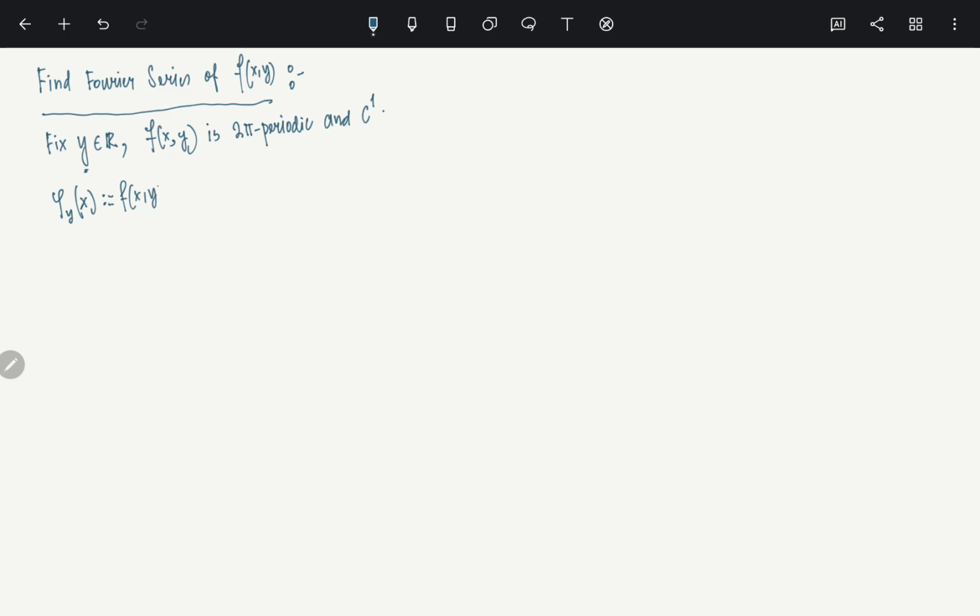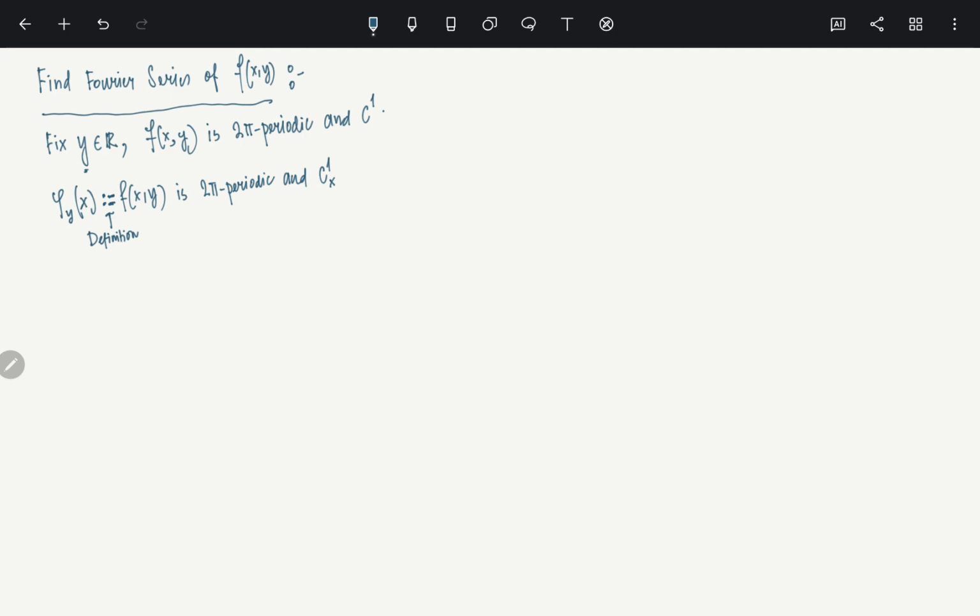Okay, so this function is just a function of x. This is the definition. Okay, so now this function is again 2 pi periodic with respect to x. You can easily see that if you look at the definition. And of course, again, it is C1 with respect to x.